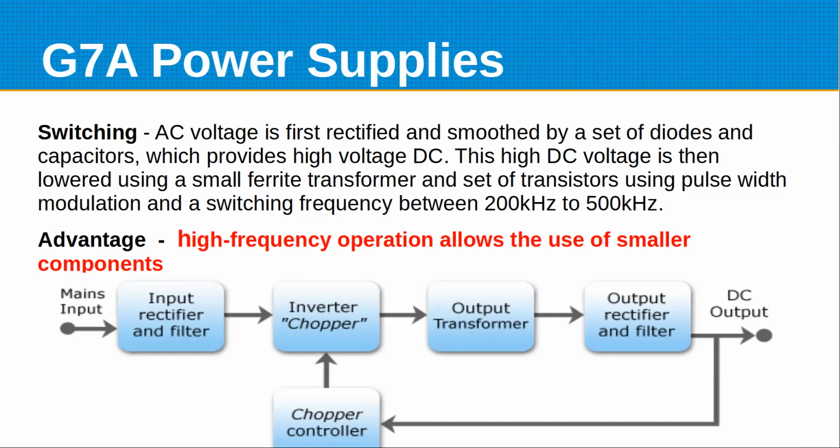So your transformer, which is usually a small ferrite toroid, can be very small, and the whole thing can be almost hold-in-your-hand size for a typical amateur radio 30-volt power supply. The main advantage is that high frequency operation allows you to use all these small components. You need smaller capacitors to filter it because of the frequency.